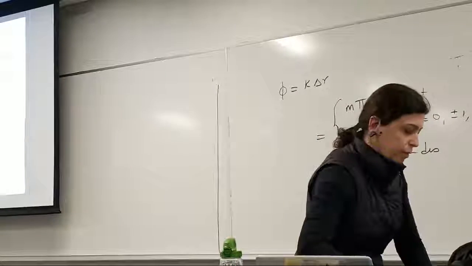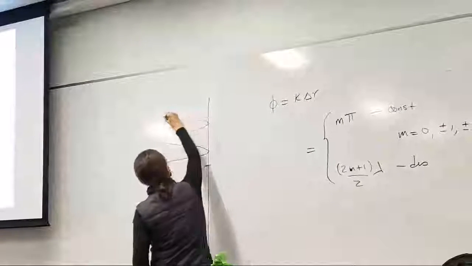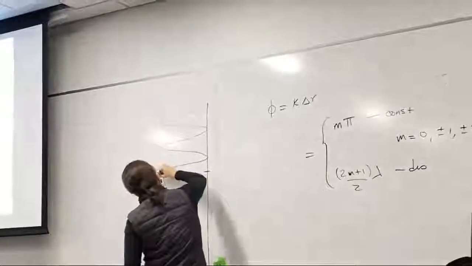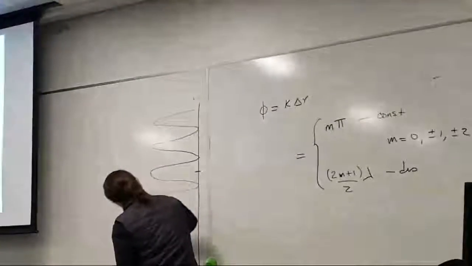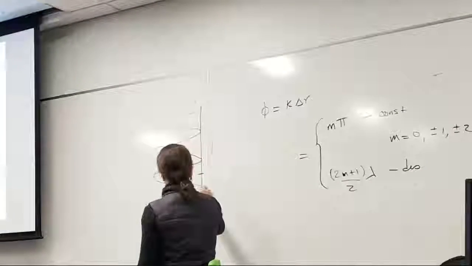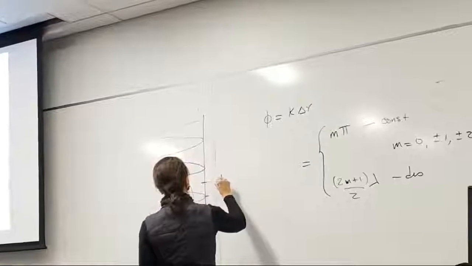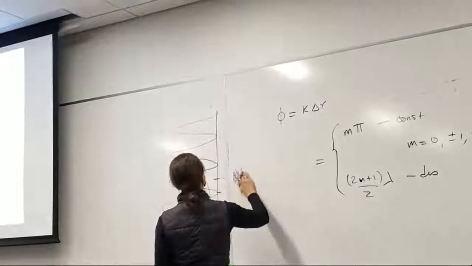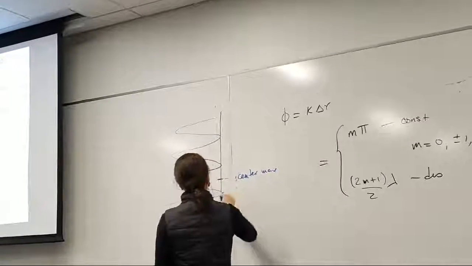What color? Blue. All right, so this is the center of the screen. We have a maximum, and then we have this cosine function doing this, right? This corresponds to the center maxima. Then this would be the first minima.